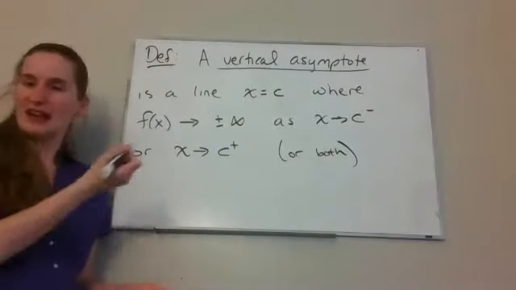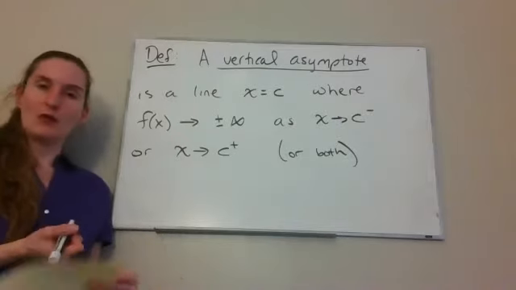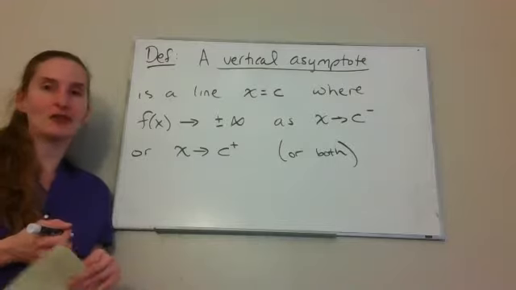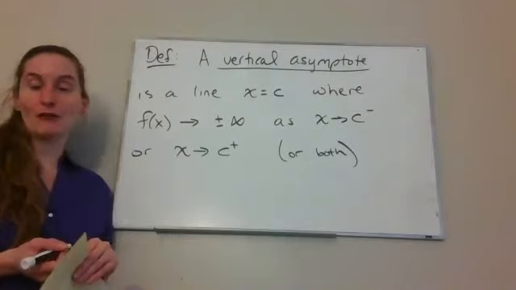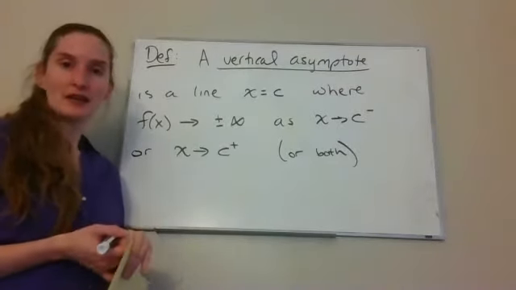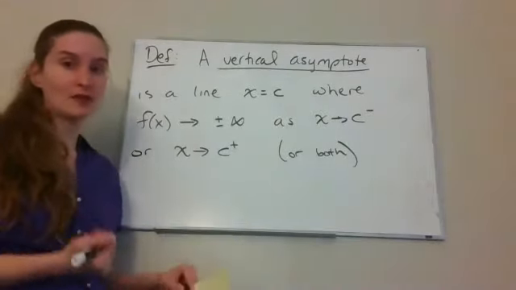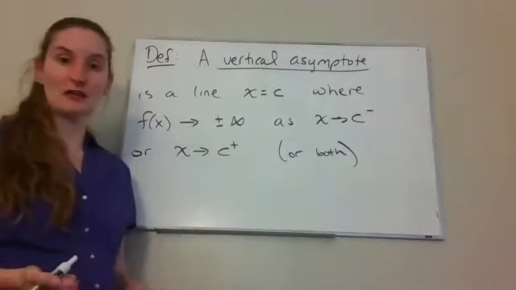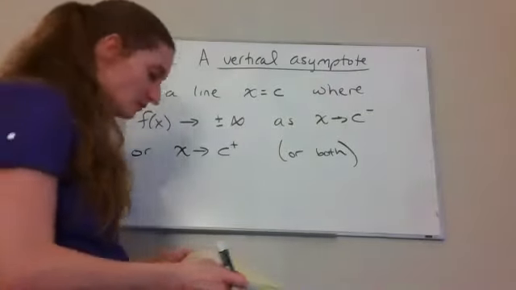So in our last graph, that would be x equals 2 as our vertical asymptote. When we approach 2 from both left and right side, our function went either to positive infinity or negative infinity. Now it only has to approach positive or negative infinity from one side to technically be a vertical asymptote, but a lot of the time it goes on both sides, either both agreeing or in opposite directions. But a lot of times it looks like that same shooting up to infinity or down to negative infinity, regardless of which way you approach the asymptote.